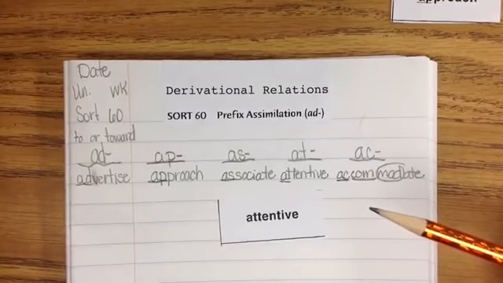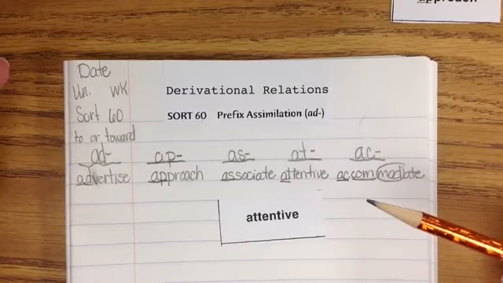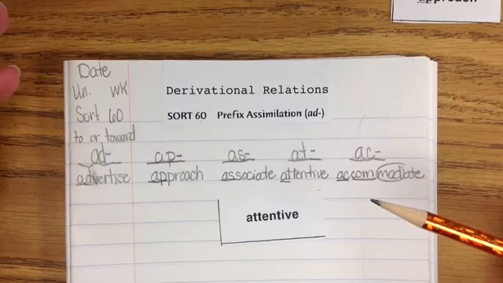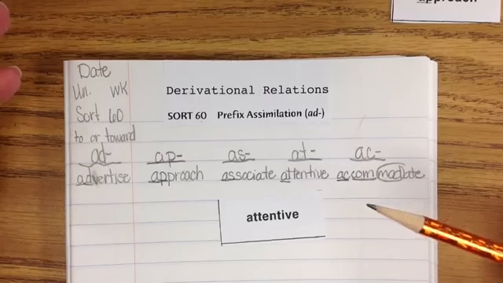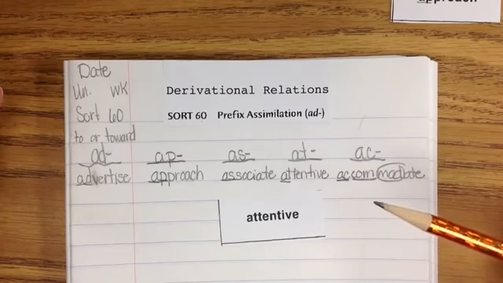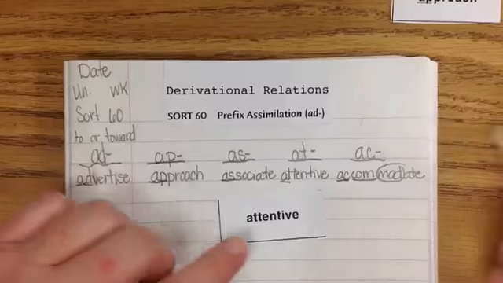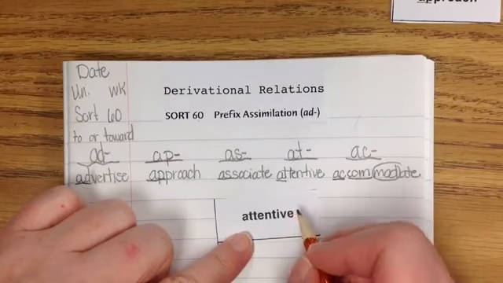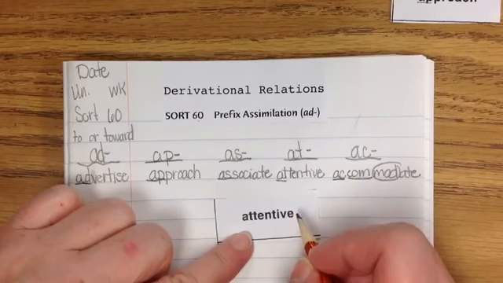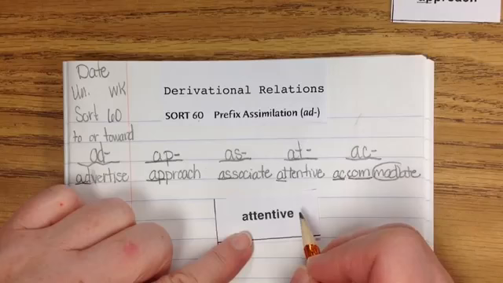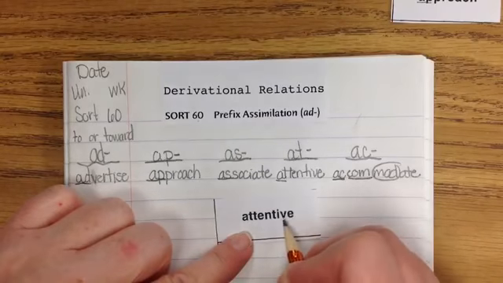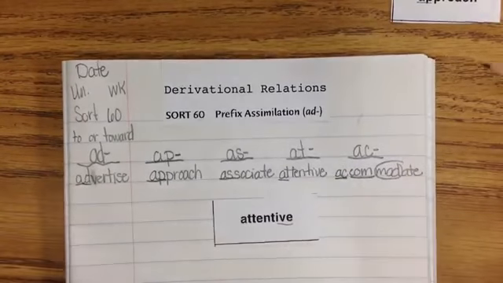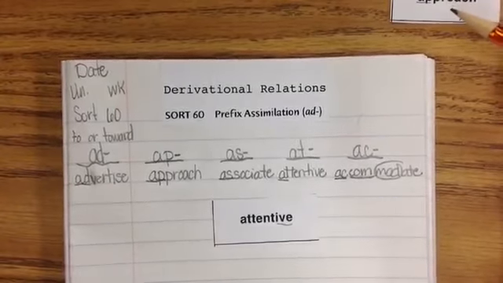All right, but there's also word endings, and if you look at those, they can be both verb and adjective depending on how the suffix is pronounced. The ending on this one is IVE. Let me think what words we have in here.